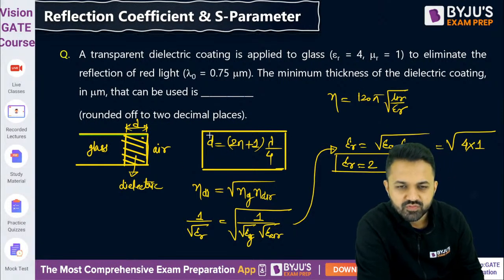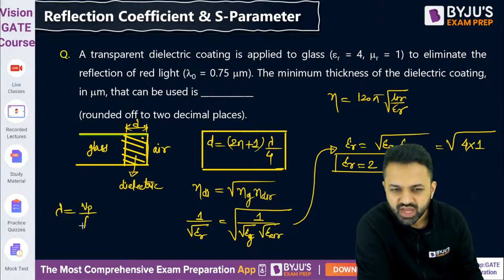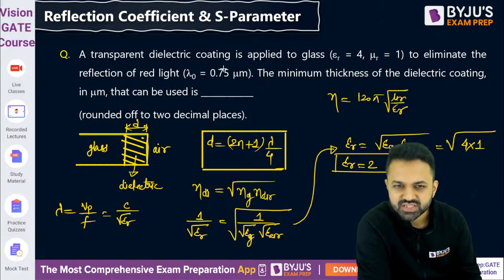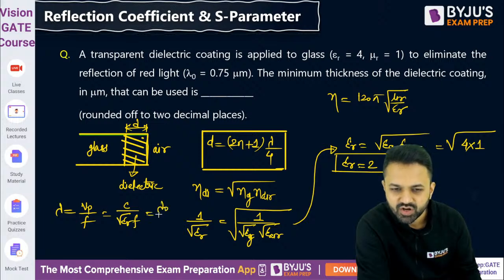Now, because it is asking for the minimum thickness, we have already said that it should be this, and lambda is equal to Vp upon f, and Vp is nothing but the velocity of light divided by root over epsilon r. Because lambda naught is given, we can write c by f as lambda naught divided by root over epsilon r.